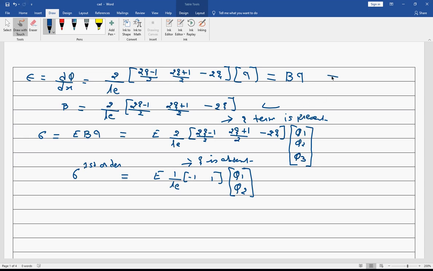Okay, so I just draw the element. So this is a first order element. Just understand first order element. This is, let us say, a second order element.